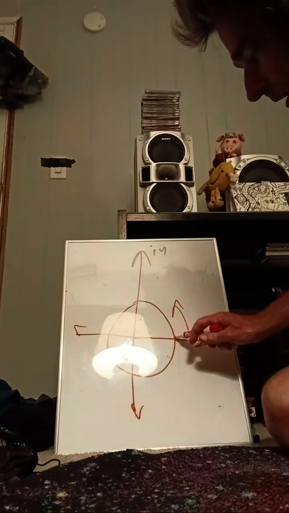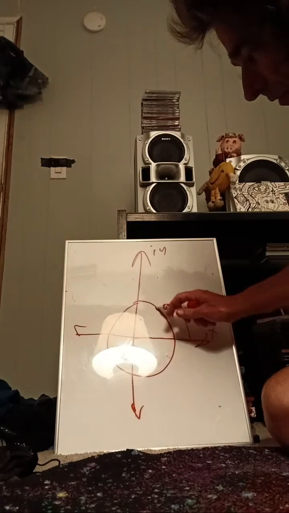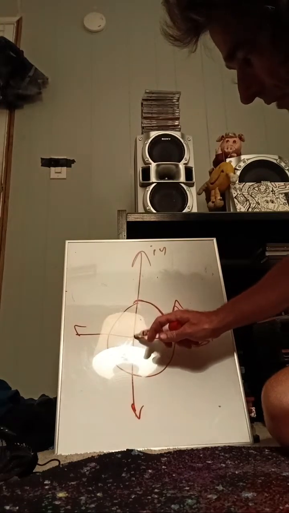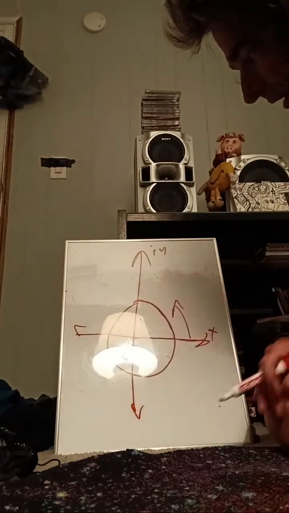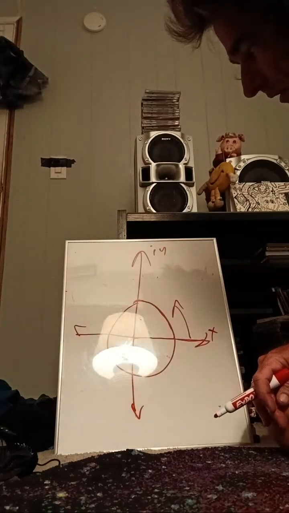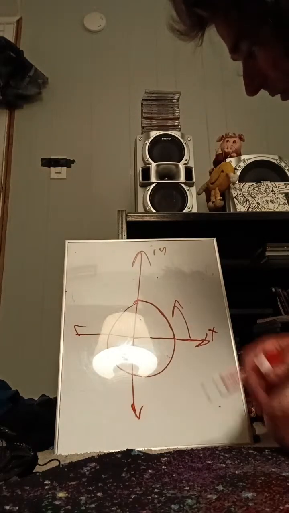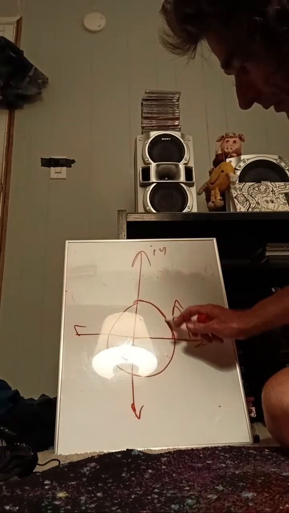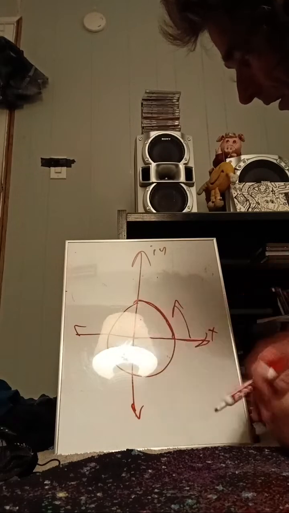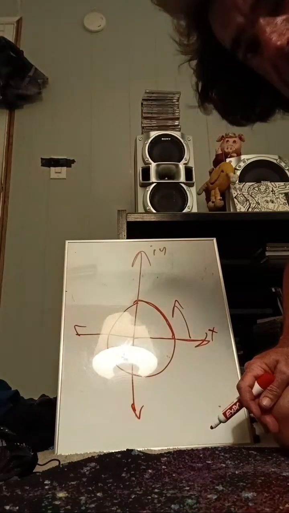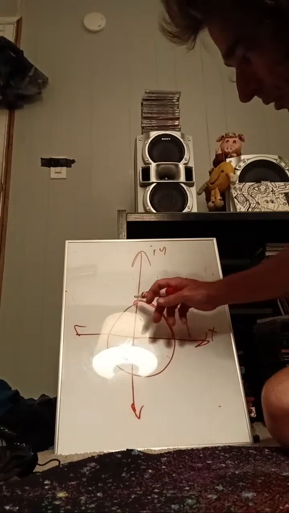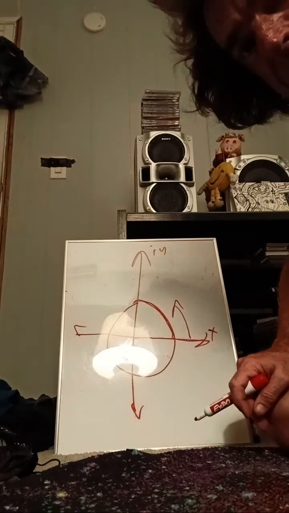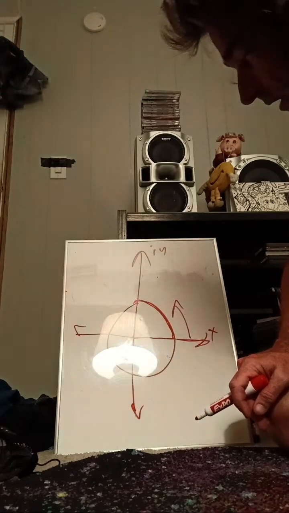So it gives you the length of the arc that measures out the angle. If the radius is 1, how much arc you've gone is how big the angle is. So if your angle is 90 degrees, that would be pi over 2 radians, because if the whole circle is 2 pi, a quarter of a circle is pi over 2, because 2 pi over 4 is pi over 2.